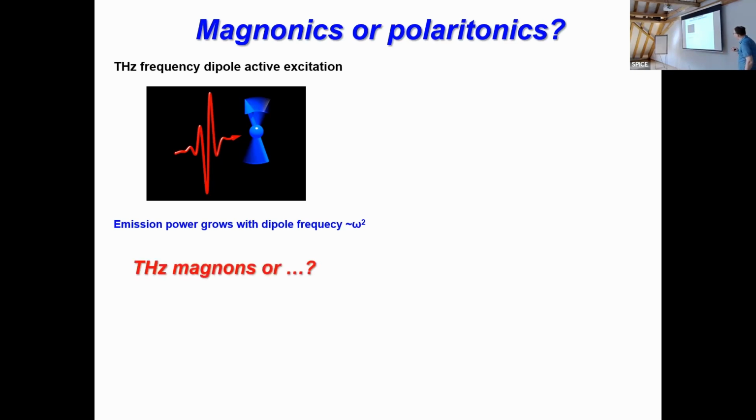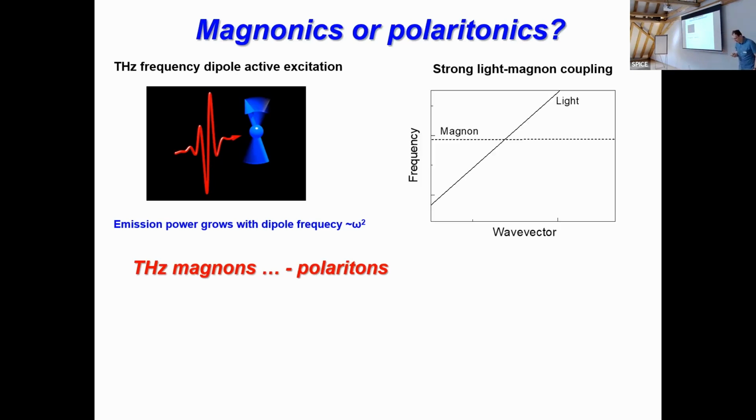So I will argue that in many experimental situations, it's more correct to talk not about terahertz magnons, but about polaritons. We can simply see it on this diagram.